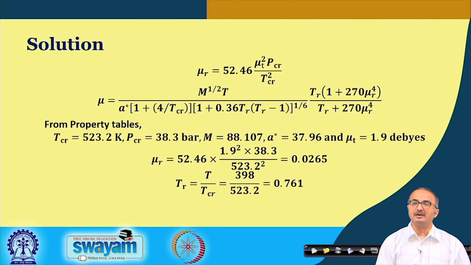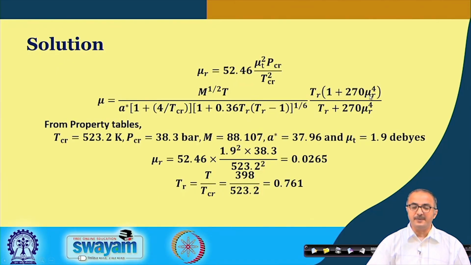We have an expression for mu which does not have the pressure directly, but has temperature in terms of the reduced temperature, the actual temperature and the critical temperature. There is no appearance of the pressure, so it is unimportant for us to know the pressure as long as we are in the low pressure domain.